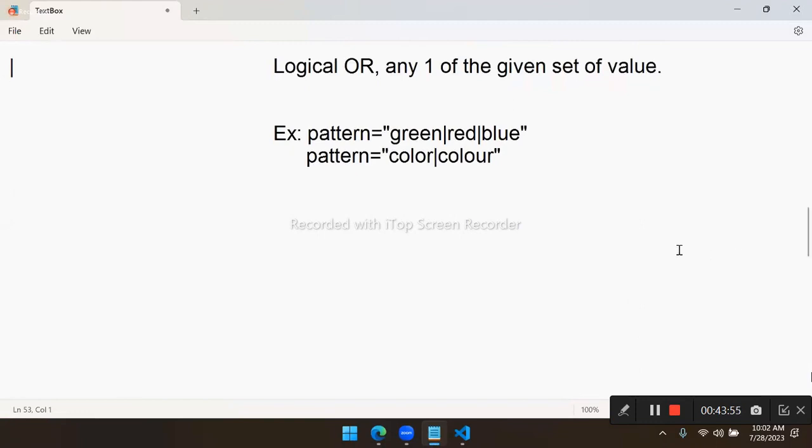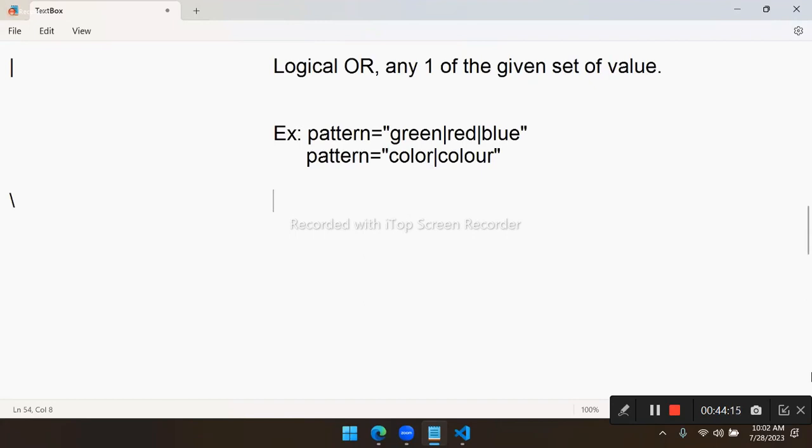Next important, we have a meta character slash. Another meta character is slash. I hope you learned about this in your general programming also, right? What is slash?